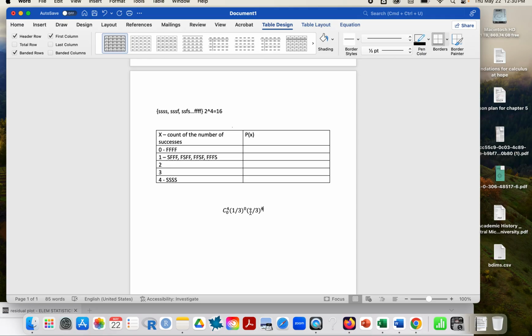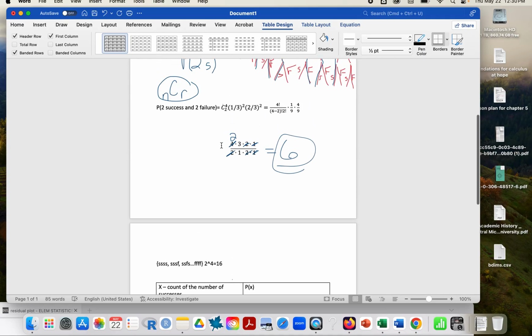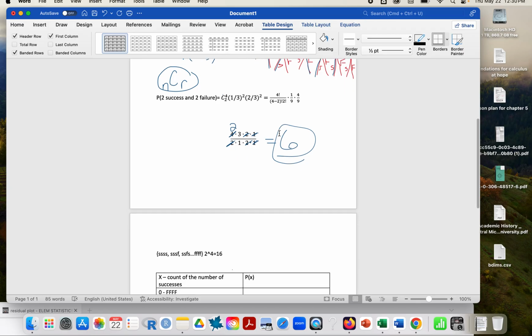So 4 choose 0. If you write it out in this formula, you're going to have 4 factorial over 4 minus 0 factorial, then you'll have 0 factorial. And I'm just reminding you that 0 factorial is weird, and it's 1.